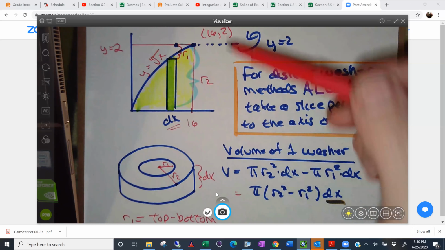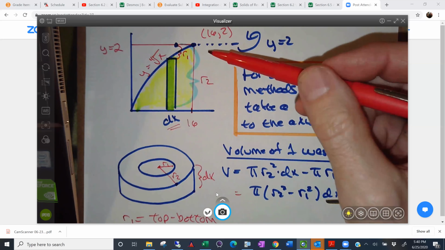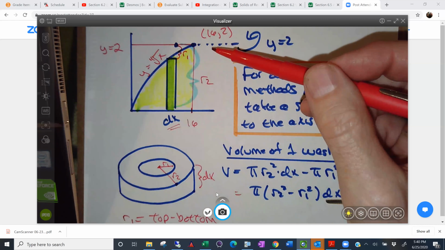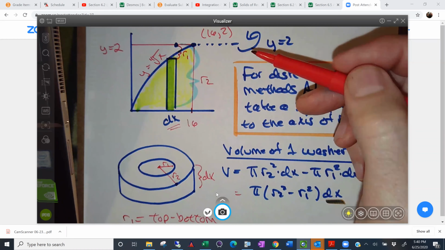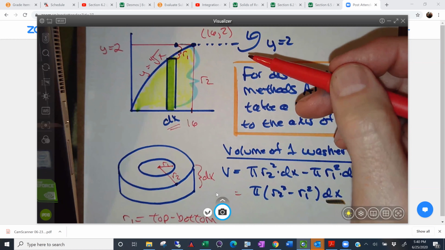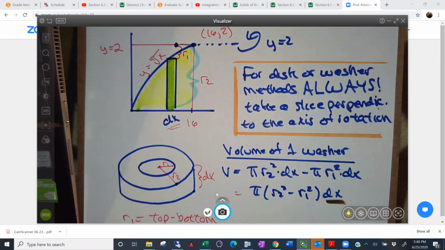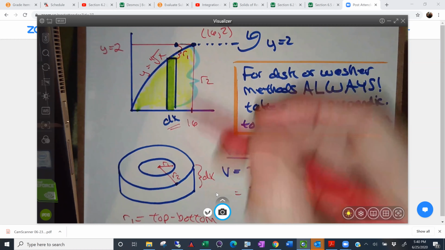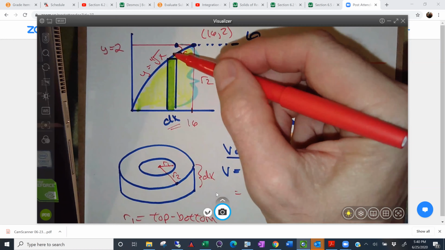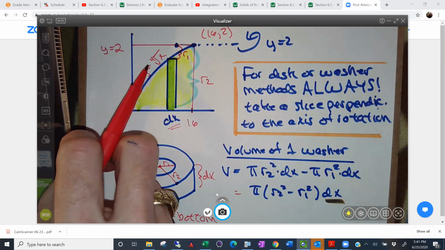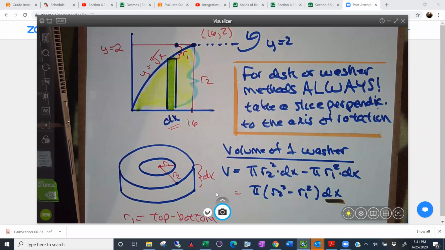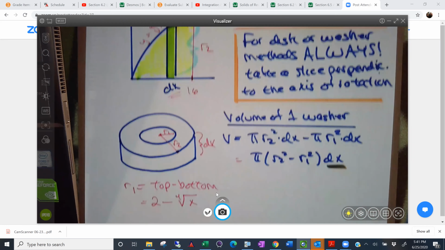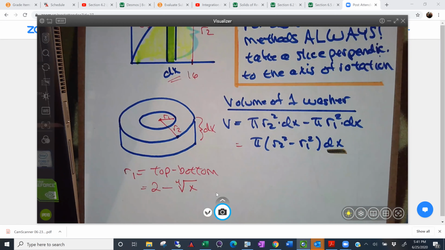So what's the height of the top here? 2, sorry. It's all right. So it's going to be 2 minus whatever this is. But that's just your height. It's just the 4th root of x. So 2 minus the 4th root of x.